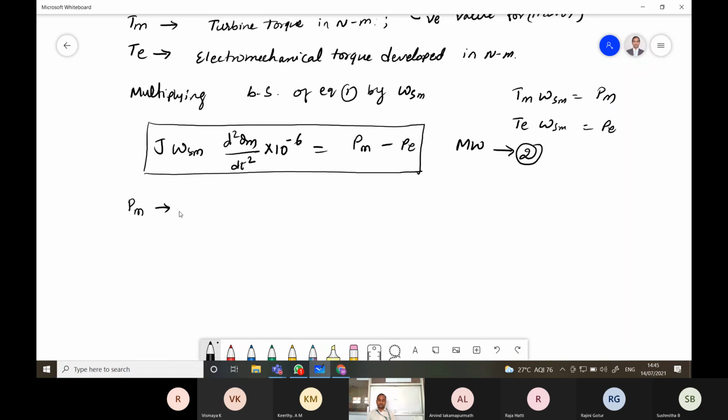Here Pm is the mechanical power input in megawatt, and P is the electrical power output in megawatt.